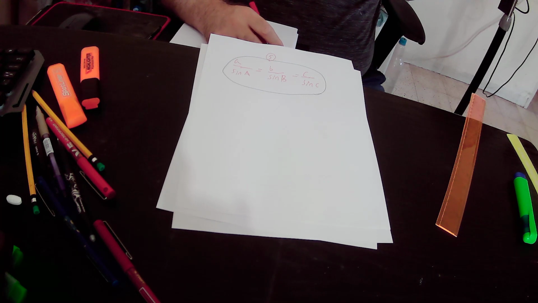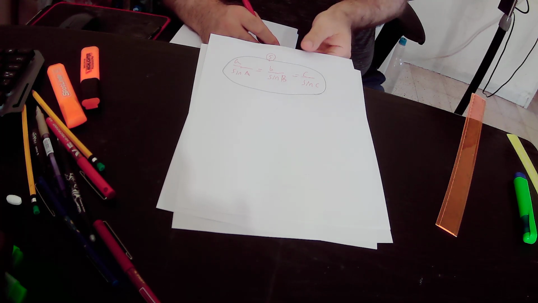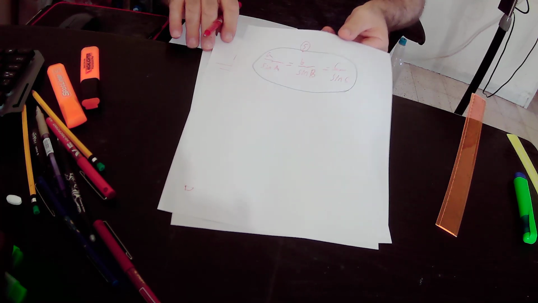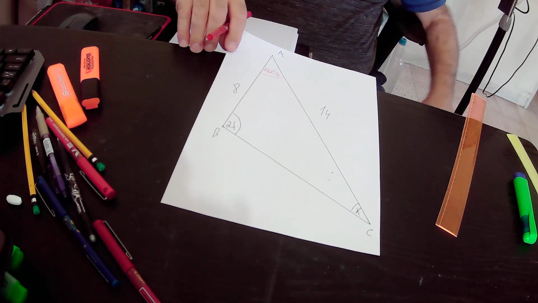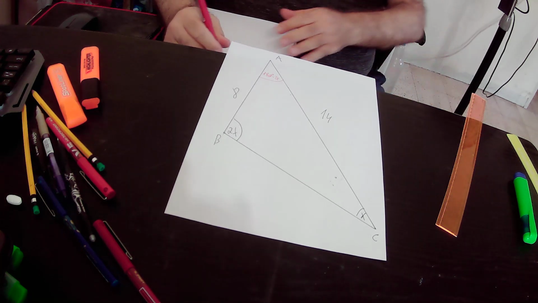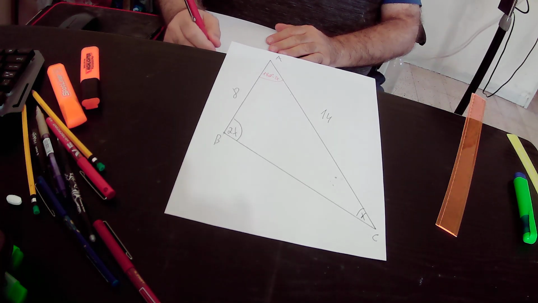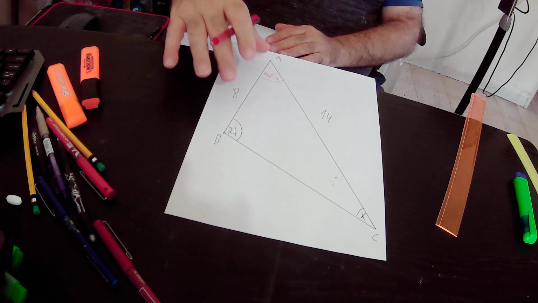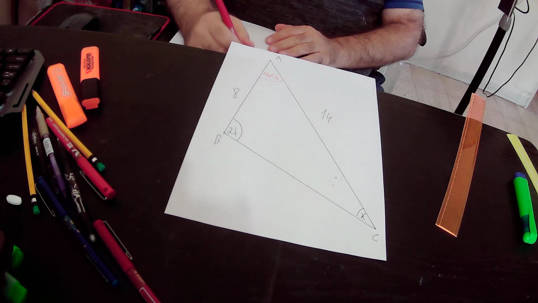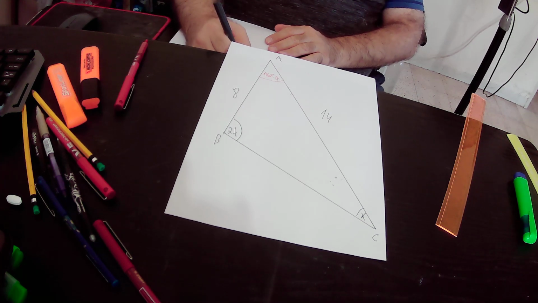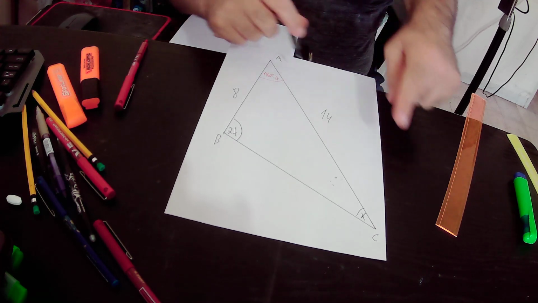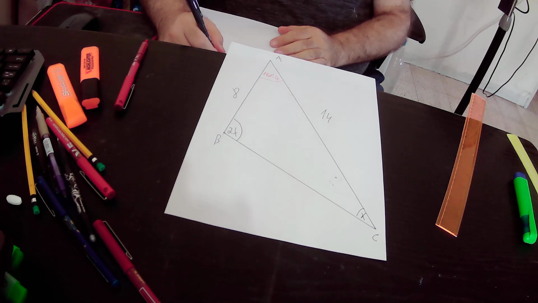Okay, so again, we can implement the law of sines in our triangle ABC. So according to the law of sines, in our triangle ABC, AB over sine x equals AC over sine 2x.